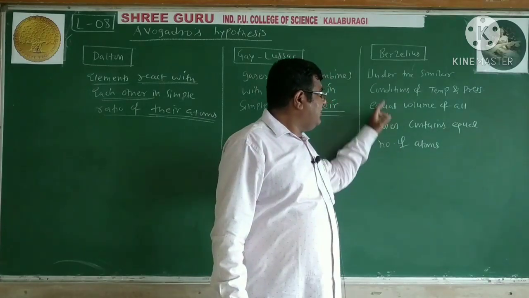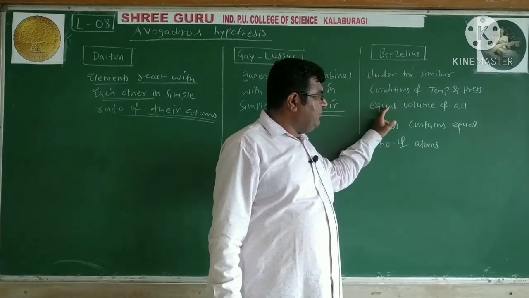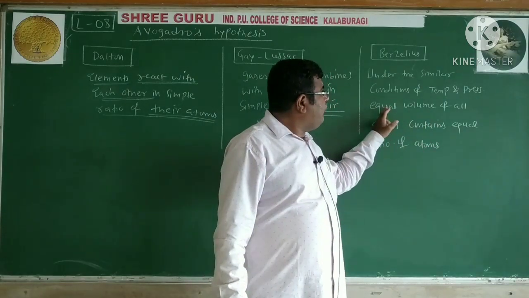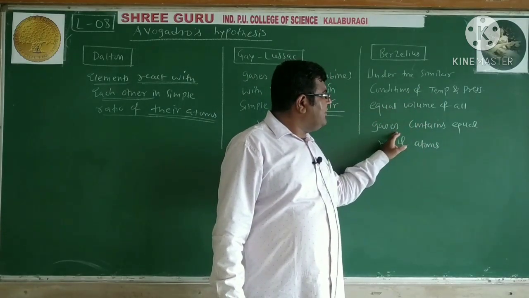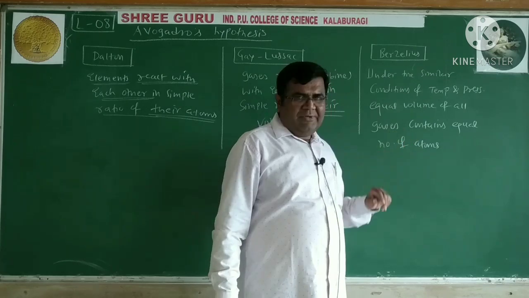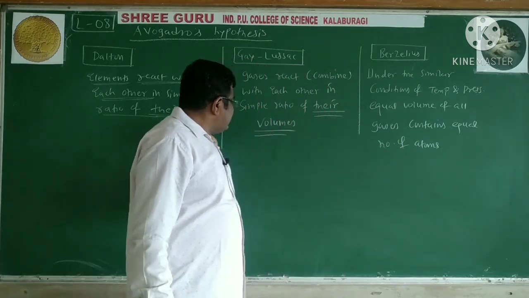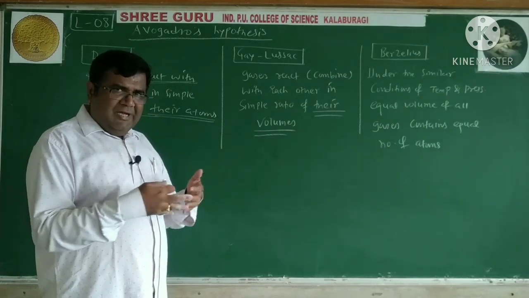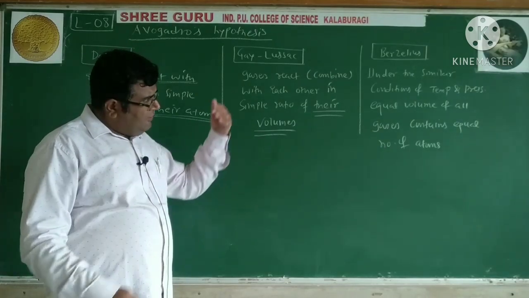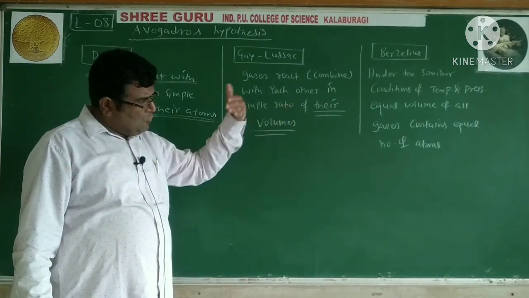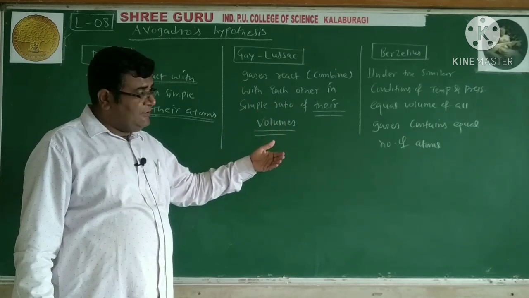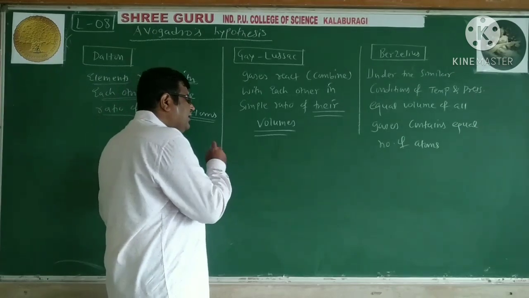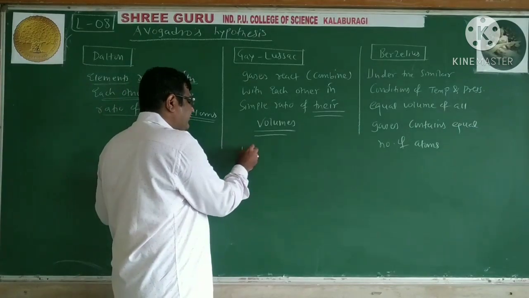If temperature and pressure are kept constant, equal volume of all gases contains equal number of atoms, because that is the ultimate outcome of these two statements. When we combine these two statements, this statement is bound to be the result, and that's how Berzelius proposed it.